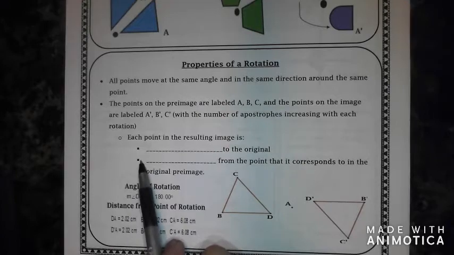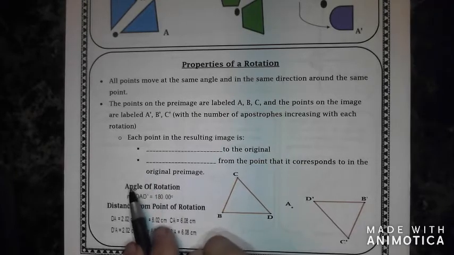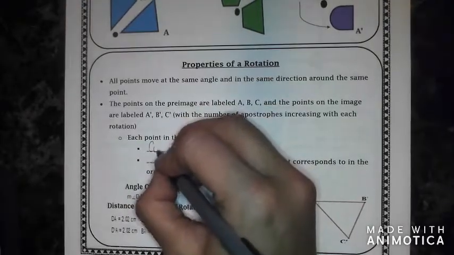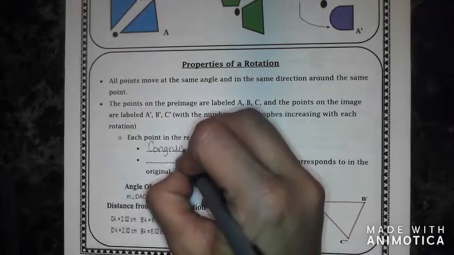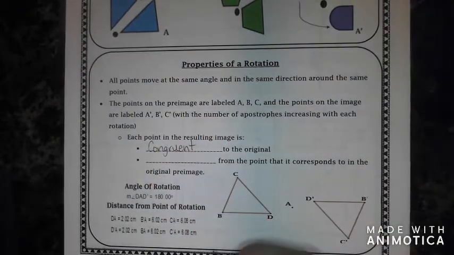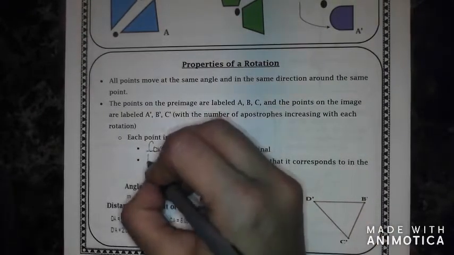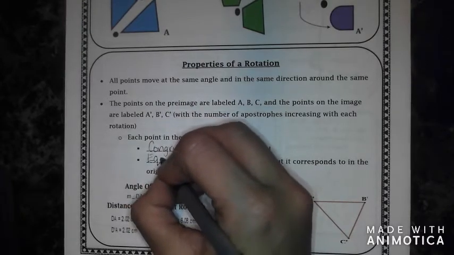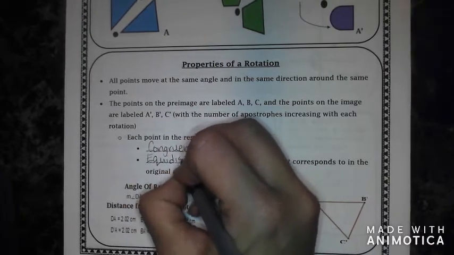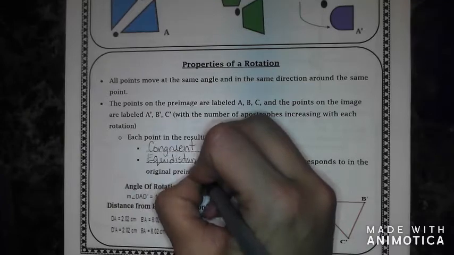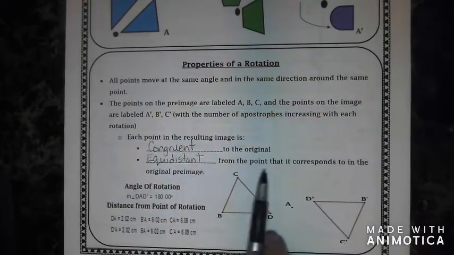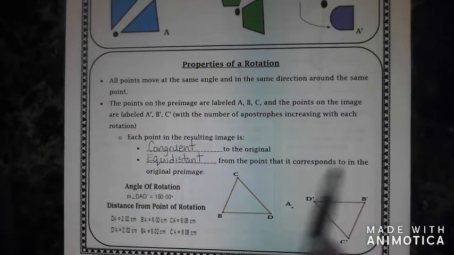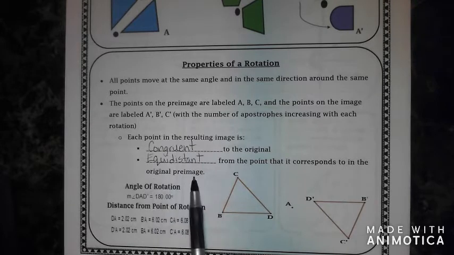So each point in the resulting image is congruent to the original and equidistant from the point that it corresponds to in the original pre-image.